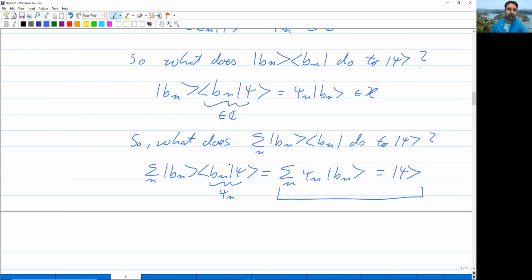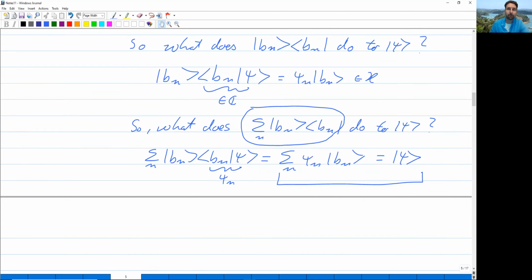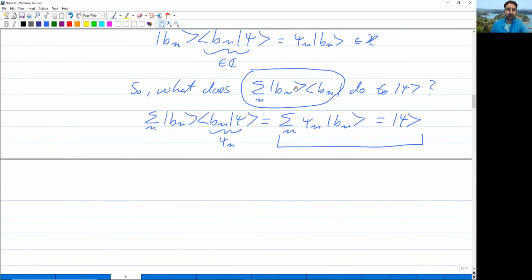So what we see here is that the action of this thing on any vector ψ simply reproduces ψ again, right? So we run this sum over the ket-bra |Bn⟩⟨Bn|. If we apply that to ψ, we just get back ψ. That is a resolution of the identity. In other words, this thing is the identity map.